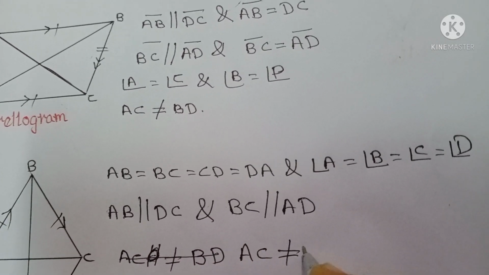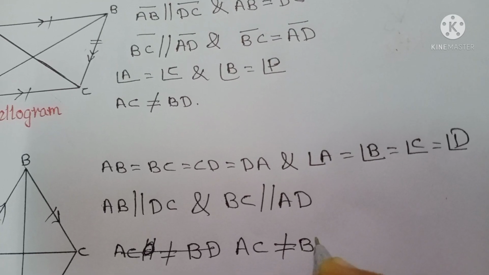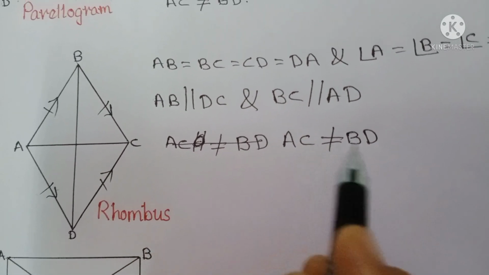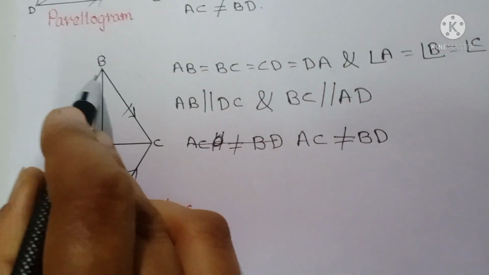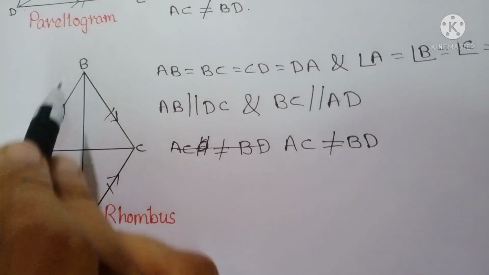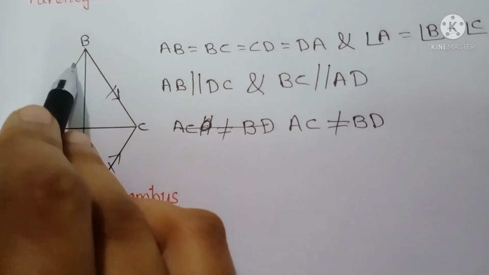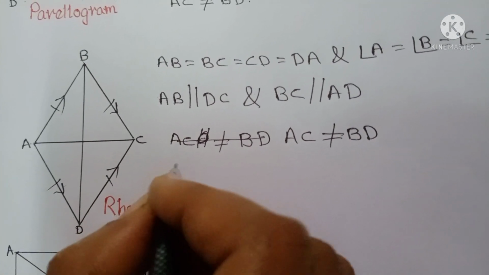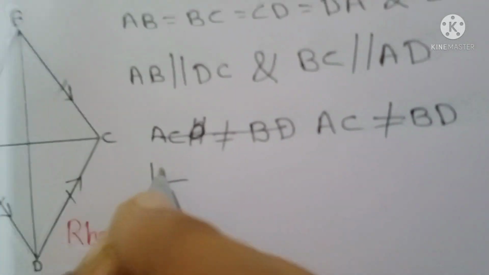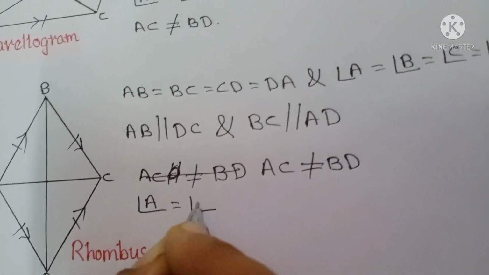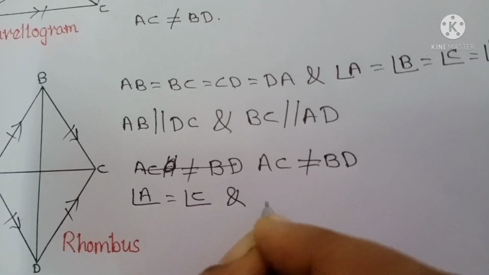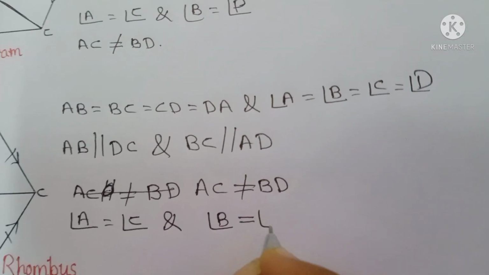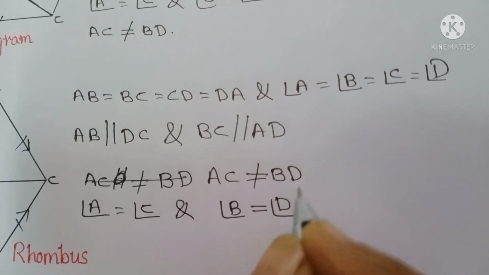Opposite angles are equal in a rhombus. Angle A is equal to angle C and angle B is equal to angle D.